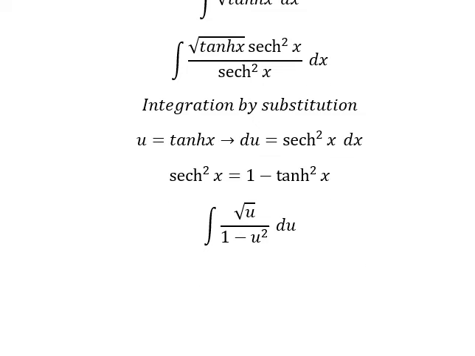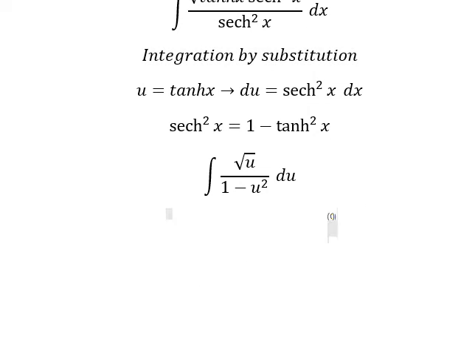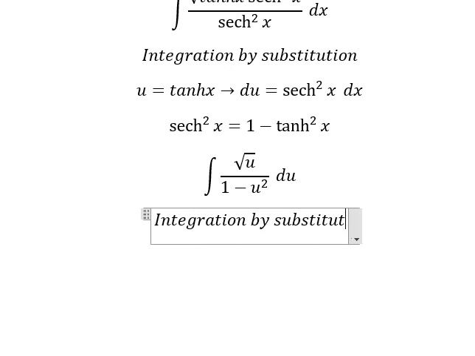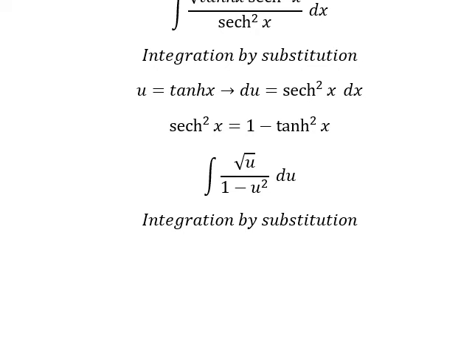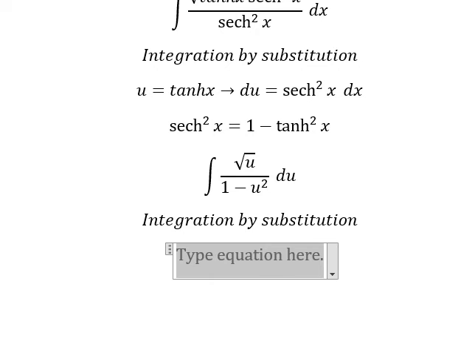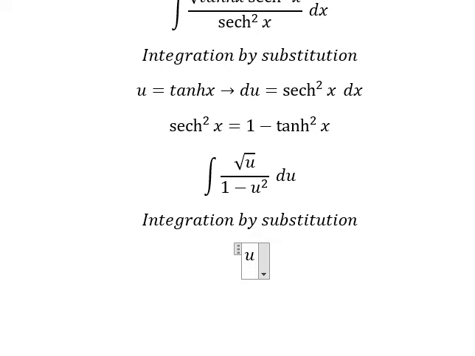Now we can use integration by substitution. So I will put u equals to t squared because I want to cancel the square root.